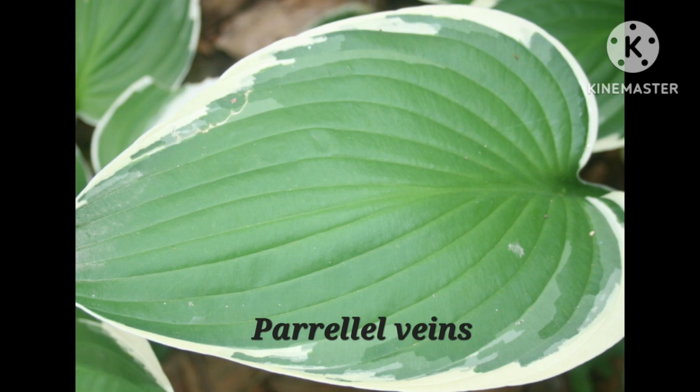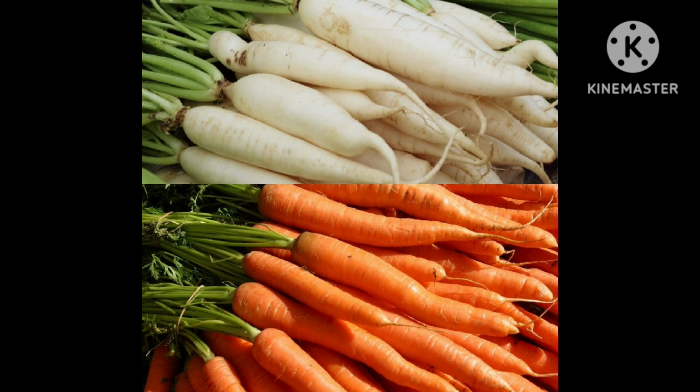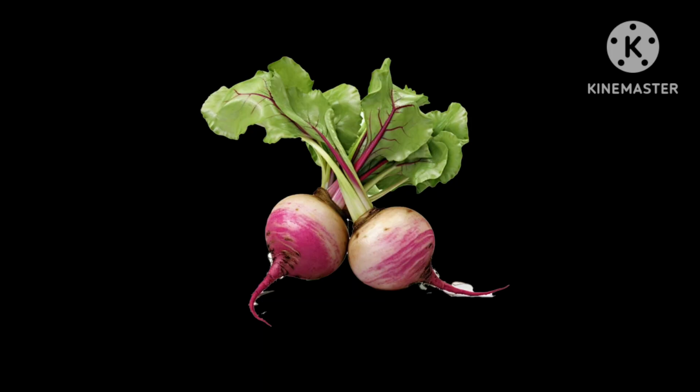On the other side of the leaf also, those are parallel lines. Examples of plants that have a taproot system include carrot, mustard, radish, turnip, beetroot, parsley, coriander, etc. So these are with the taproot system and also with reticulate venation.